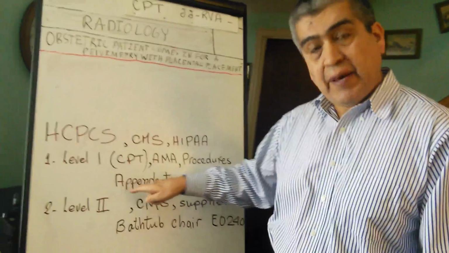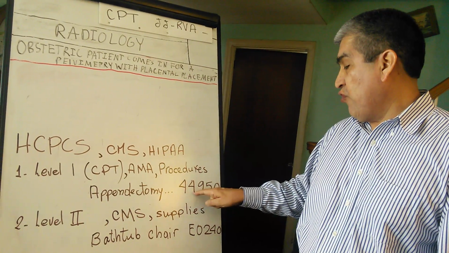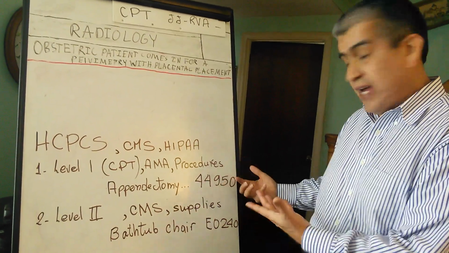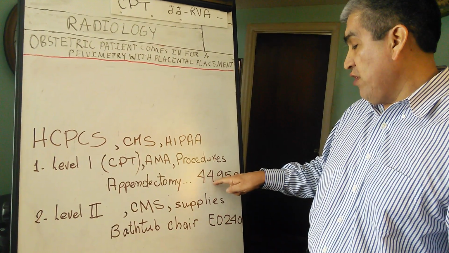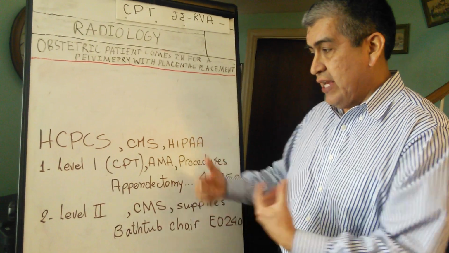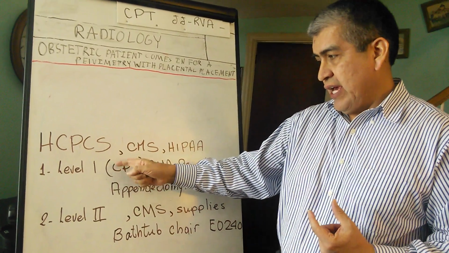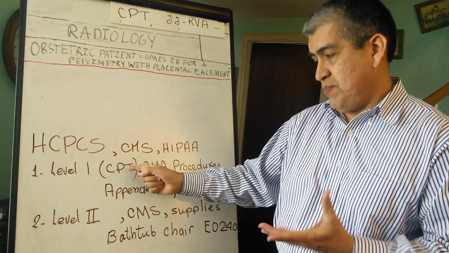So if a doctor does an appendectomy, how do we report it? We just give this code, 44950. As you can see, there are five numbers here. This is a procedure that a doctor does. That's the level 1 codes of HCPCS, also called CPT.